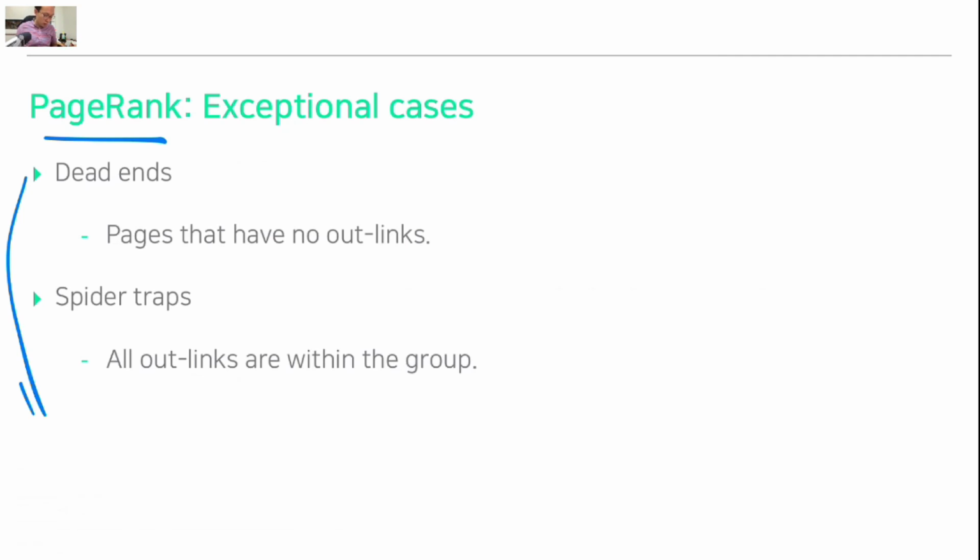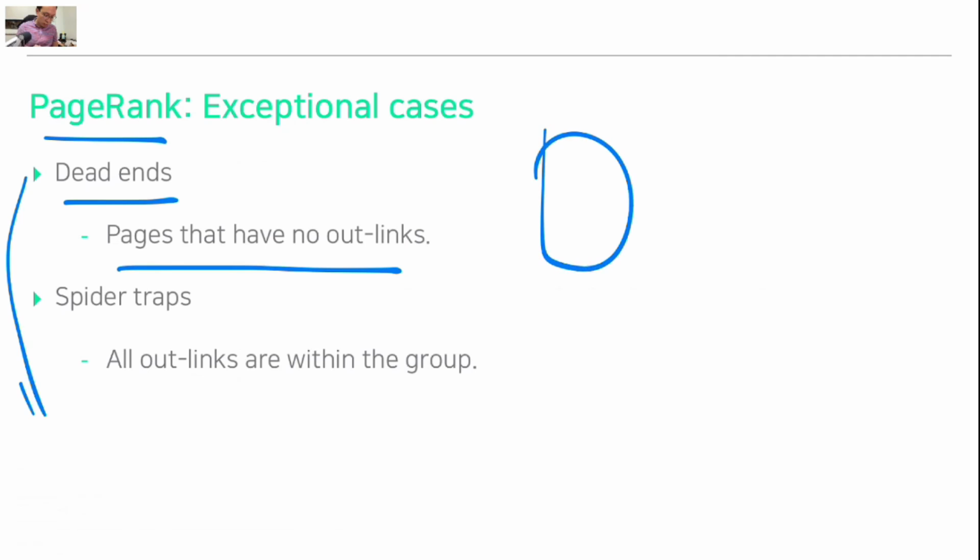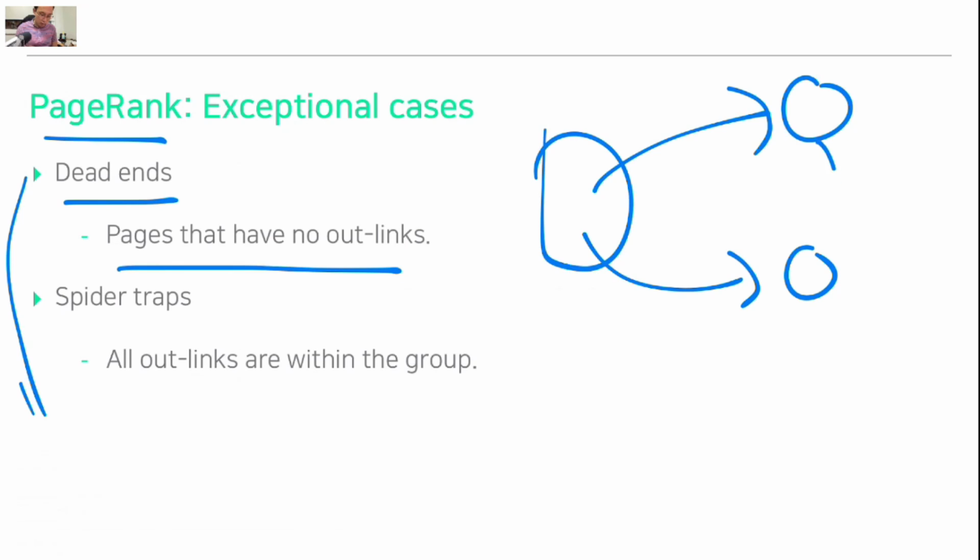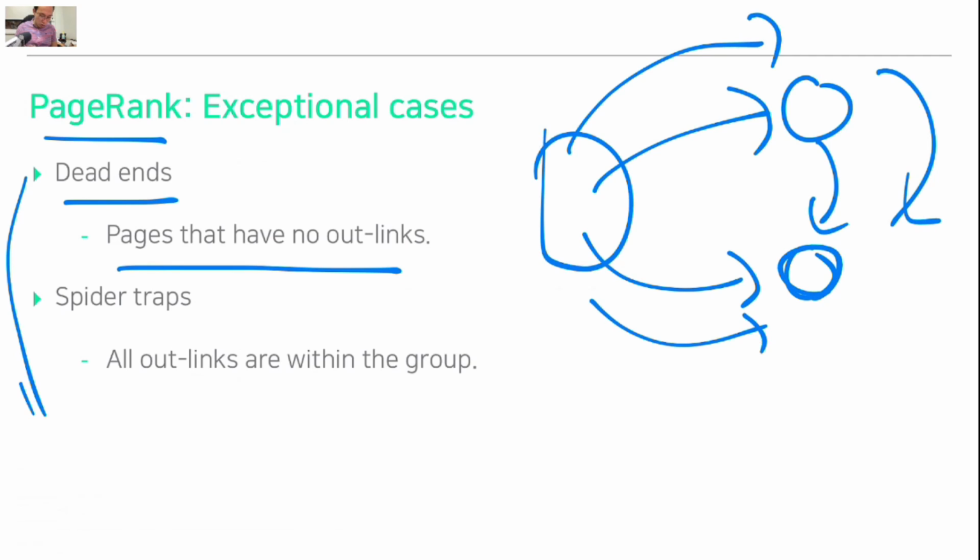For example, dead ends. These are pages that have no out links. We propagate the PageRank score like this, and then propagate this, but it has no outgoing links, right?